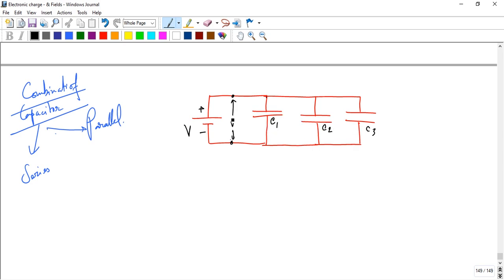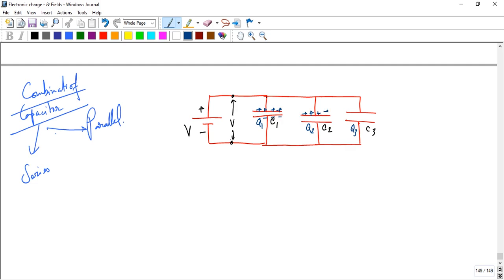Okay, and that C1 capacitor stores charge Q1. Store charge Q1 means absolute charge. Here Q2, here Q3. Actually, there is a top point with a plus, a bottom point with a minus.